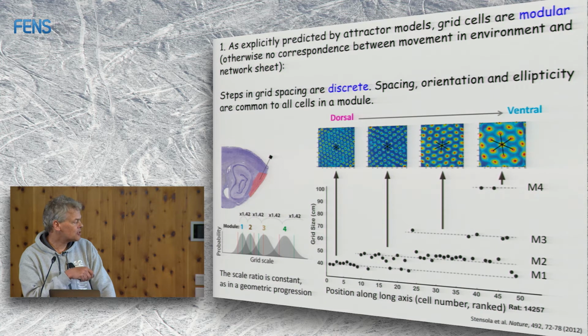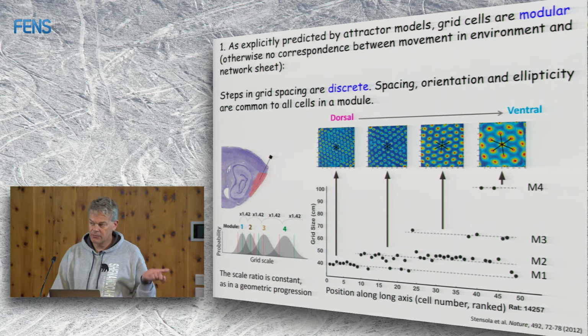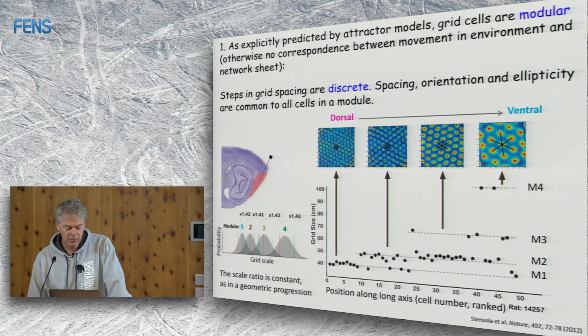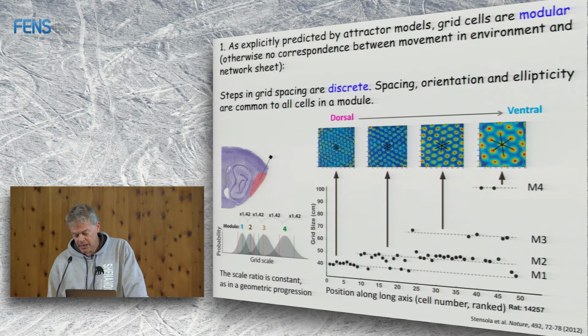And within each of these modules, the cells not only have a similar spacing, but also a similar orientation, as would be predicted by these types of models. The spatial relationship between them, that's another story. I won't go into that, but there is some consistency in that too. But I think the prediction about the attractors was primarily that it has to be organized in modules.